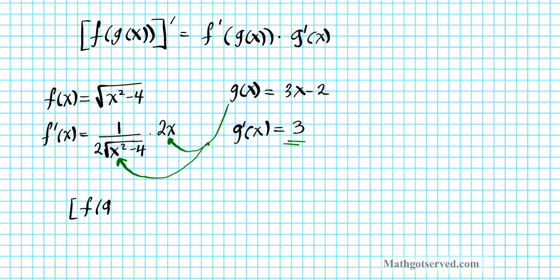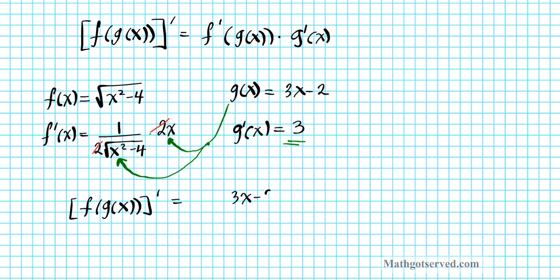So the derivative of this function, f of g of x prime, is going to be, we can divide these two twos so we don't just carry it over and over again. So divide those two twos. Instead of x, plug the g of x into that x.